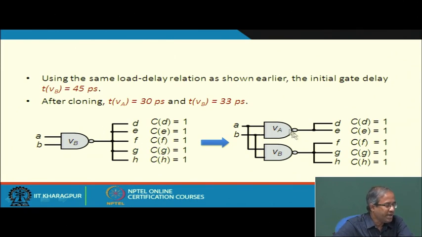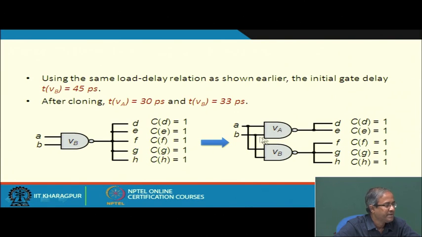Now cloning we are doing like this. We are splitting this in two. Let us say one of them is VA, the other is VB. It is not necessarily true that all these gates have to be of the same size. Say, for example, VA is driving 2 loads, VB is driving 3 loads. Because here the load is higher, we use a larger gate, and because the load is less here, we use a smaller gate.